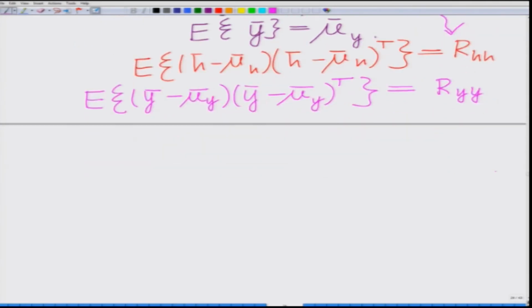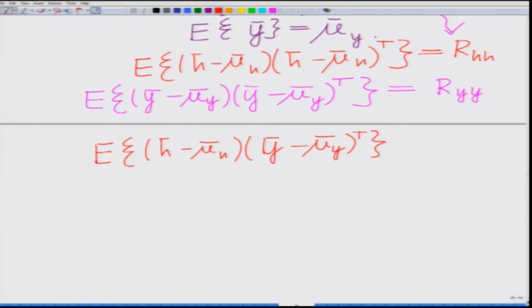Now, the cross covariance can be defined as the expected value of (h bar minus mu bar h) into (y bar minus mu bar y) transpose. This is equal to R h comma y. So, that is what we have.